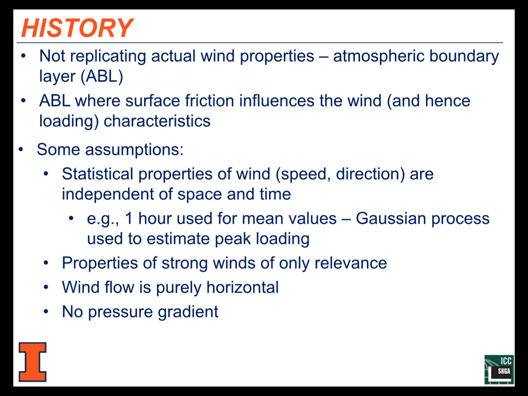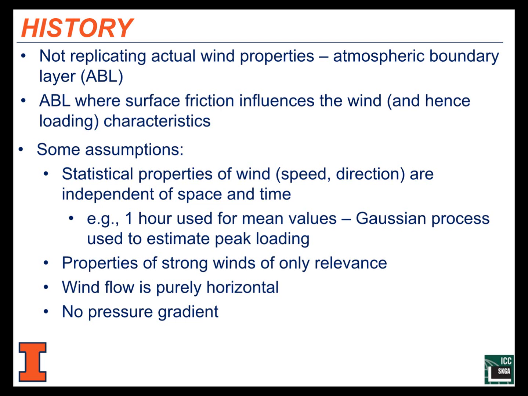For the wind properties, I'll use a general term, the atmospheric boundary layer, which is simply where the friction from the Earth's surface influences the wind and hence the loading characteristics. Some of the assumptions that we make with that are the following.